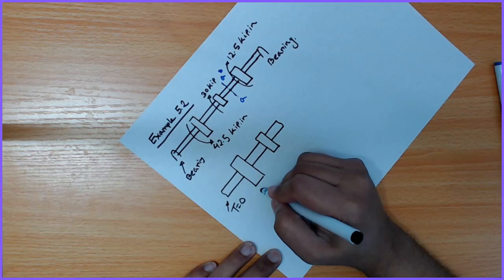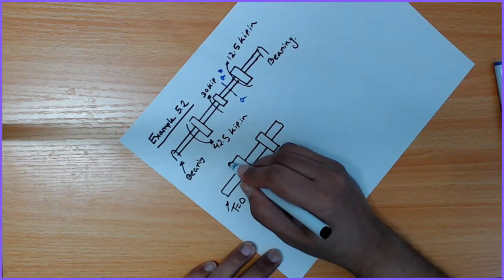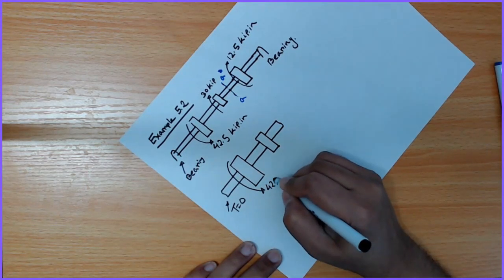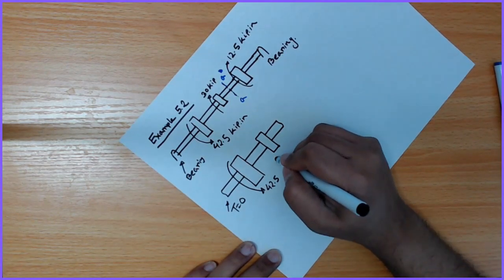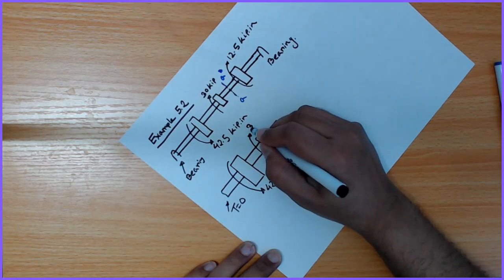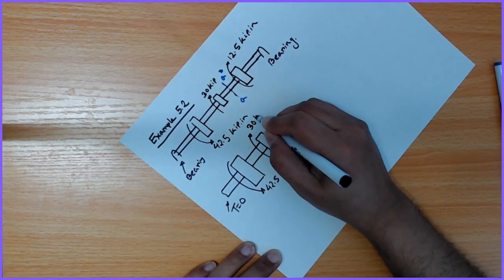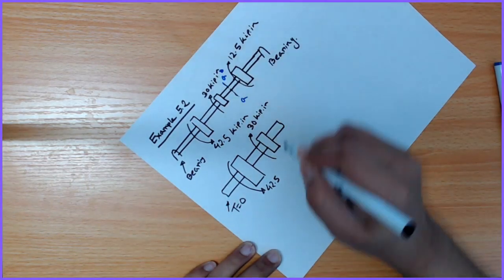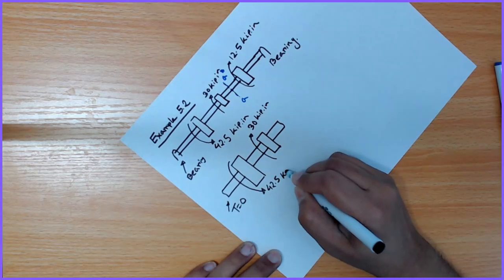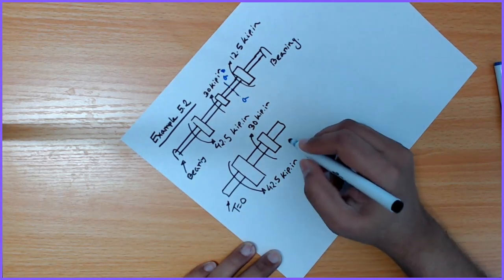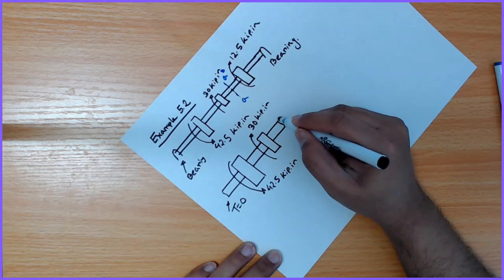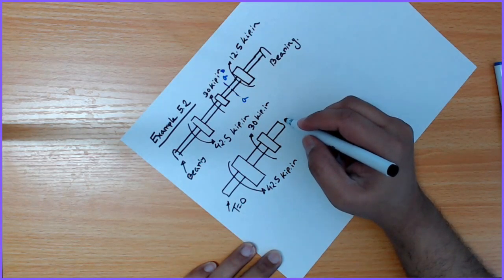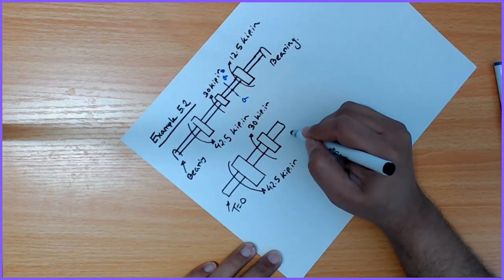Okay, and this is 42.5, and this is 30 kilopound inch. Now, in this section, there will be a torque.